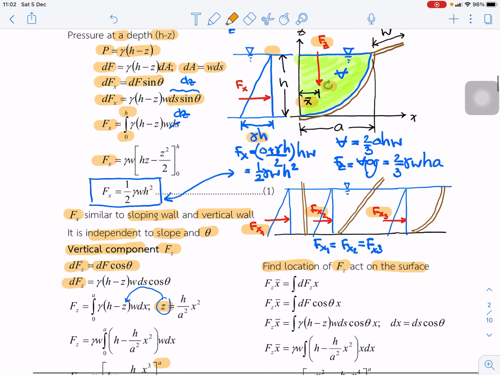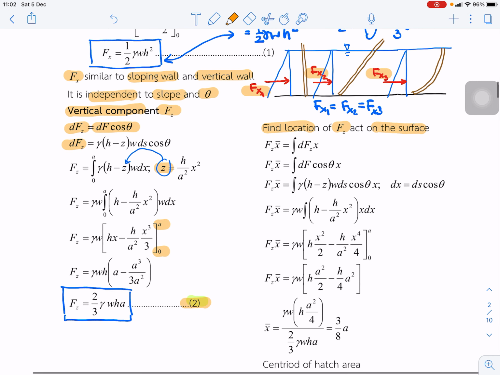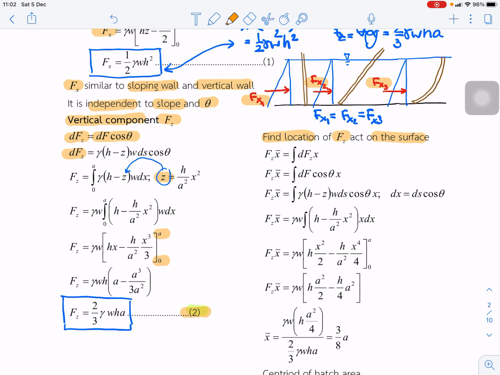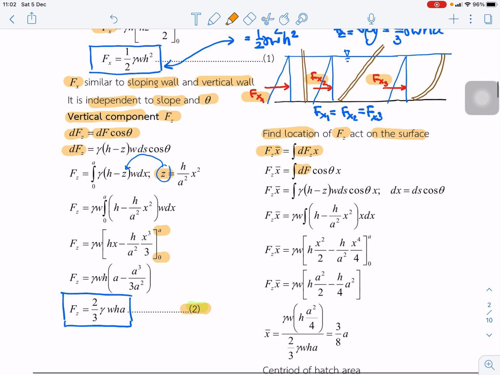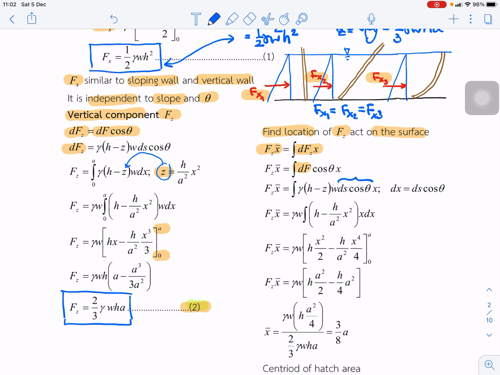So next we do Fz times x bar equal to the integration of dFz times x. Next we substitute dF from the above equation and do integration. And for dz, cos theta is dx.